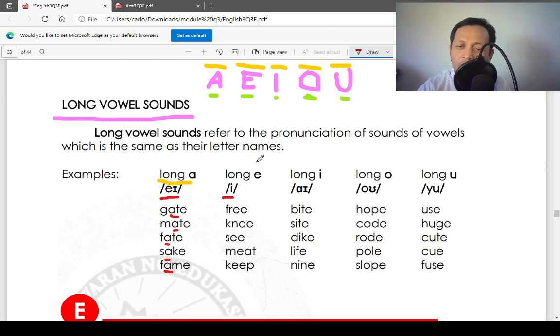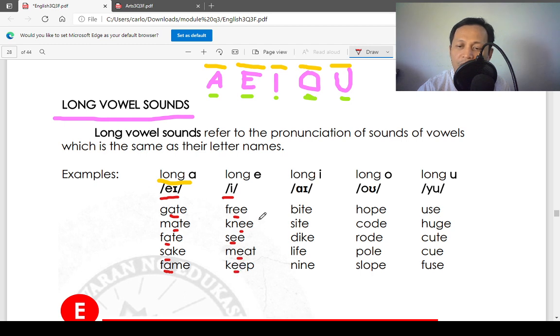Now going to the long E sound, it is pronounced as E. So we have the following.